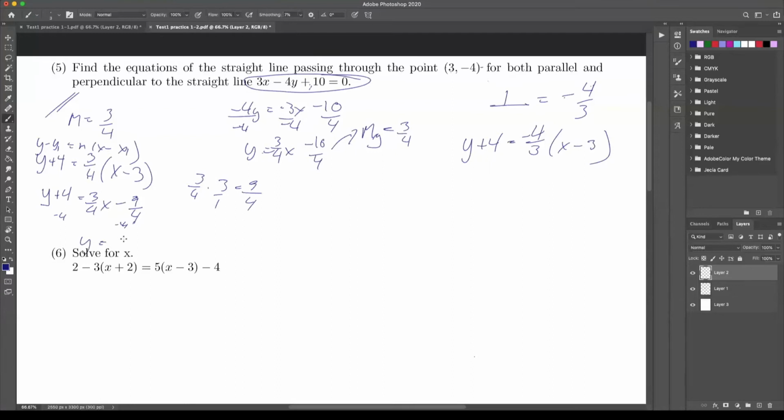And I get y equal to 3/4 x minus... so remember, -4 is equal to -16/4, right, if I converted this into fourths. So minus 16/4 minus 9/4 gives me minus 25, since 16 plus 9 gives me 25. So -25/4. And so there's our answer here.